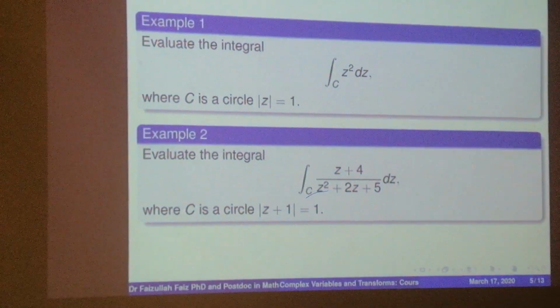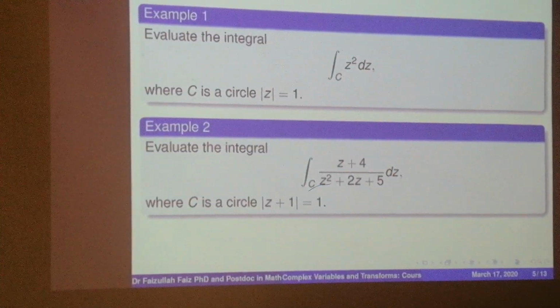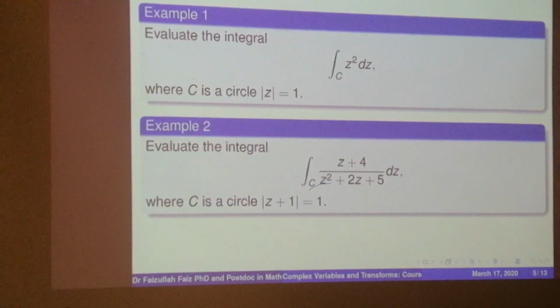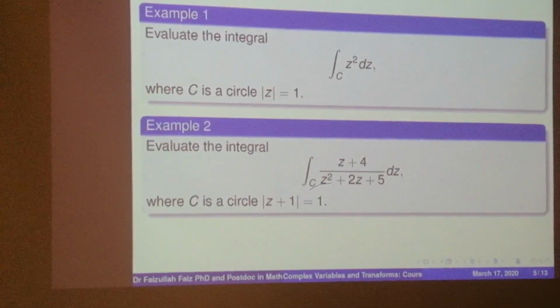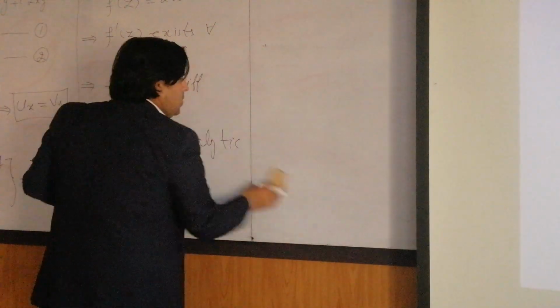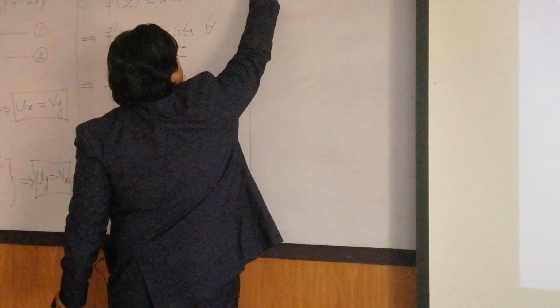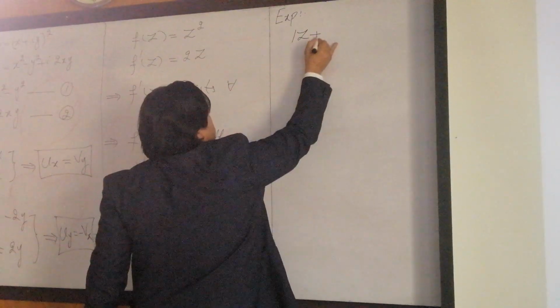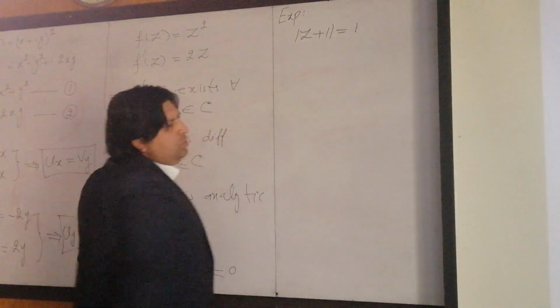In example number 2, you can see that the function is in fraction form. So if the function is in fraction form, then what do we need? We have to just find the roots of z square plus 2z plus 5. So let us do that. In this case you can see that the given closed curve is of the form |z plus 1| is equal to 1.